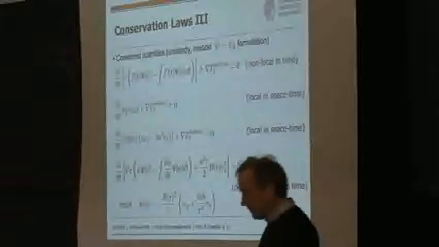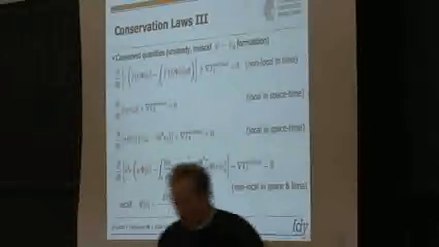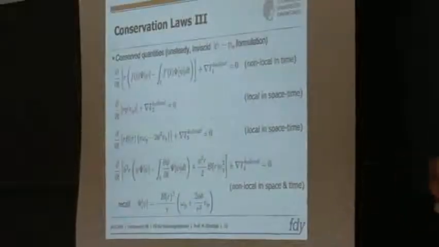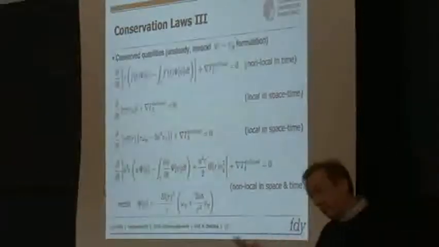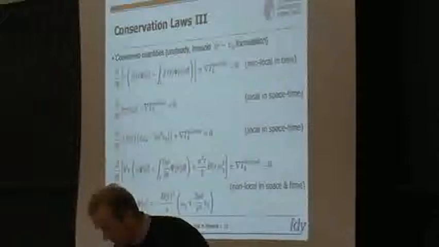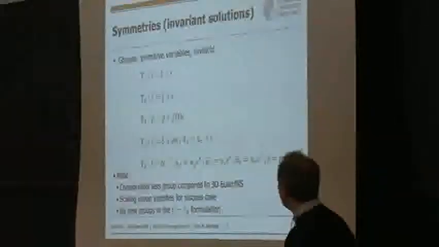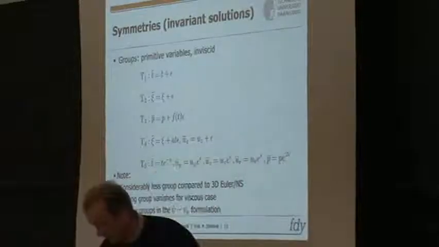So that triggered the idea of presenting it here, because it's an inherently non-local structure, which might have something to do with structures in turbulence. Well, I mean, we're not interested in the symmetry at this point.